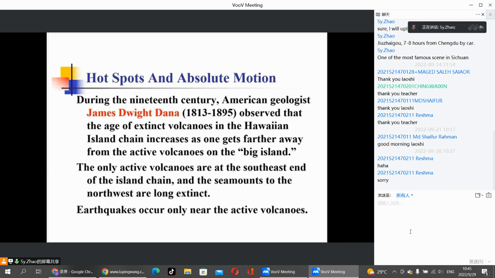The only active volcanoes are at the southeast end of the island chain, and the seamounts to the northwest are extinct. Earthquakes occur only near the active volcanoes of Hawaii.